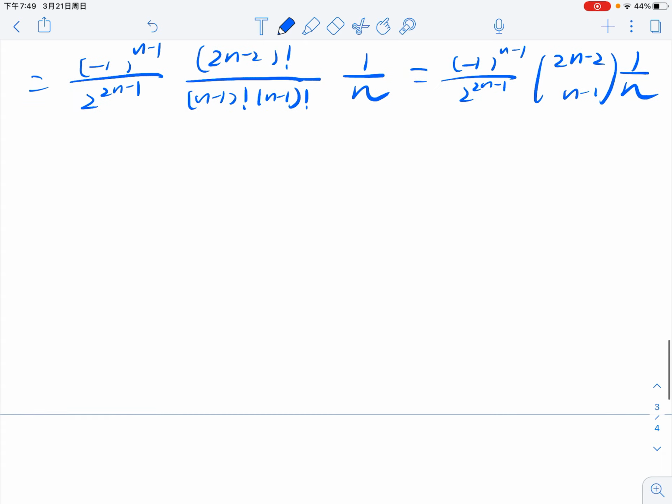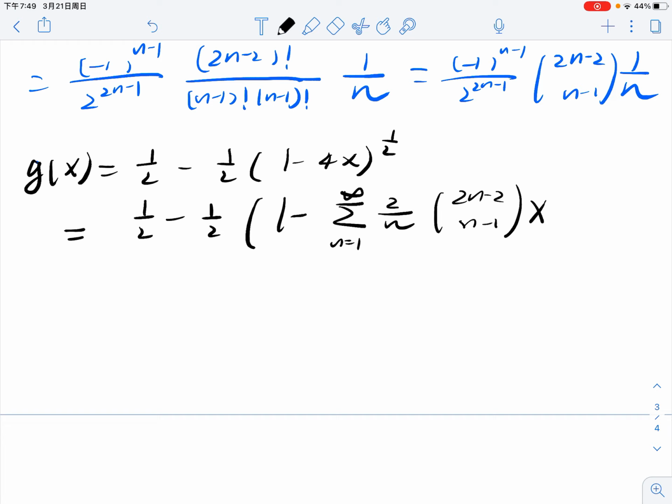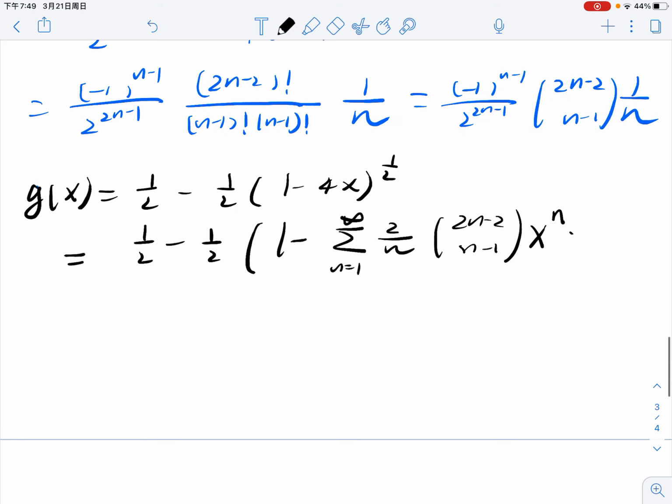Okay, now look at the function g. g(x) is 1/2 minus 1/2 times (1 minus 4x) to the 1/2. If you use the above formula, inside you will have 1 minus the summation of 2 over n, from 1 to infinity, (2n minus 2) choose (n minus 1), x to the n power.